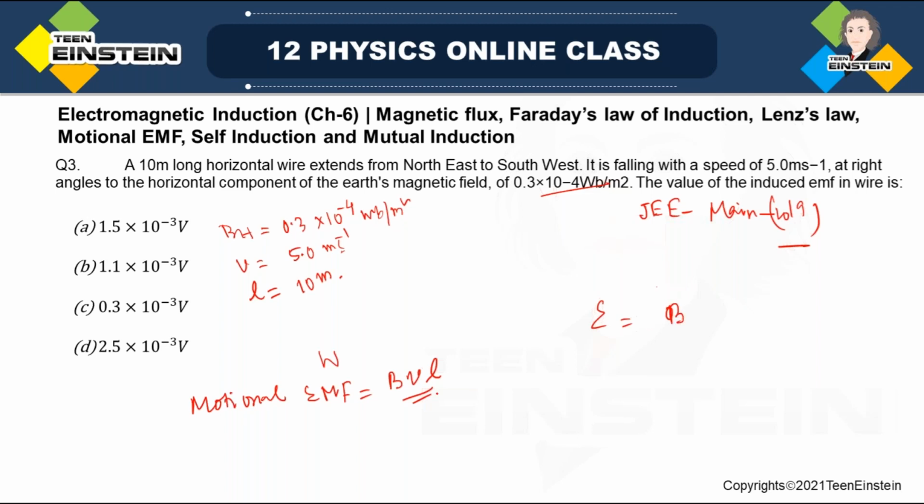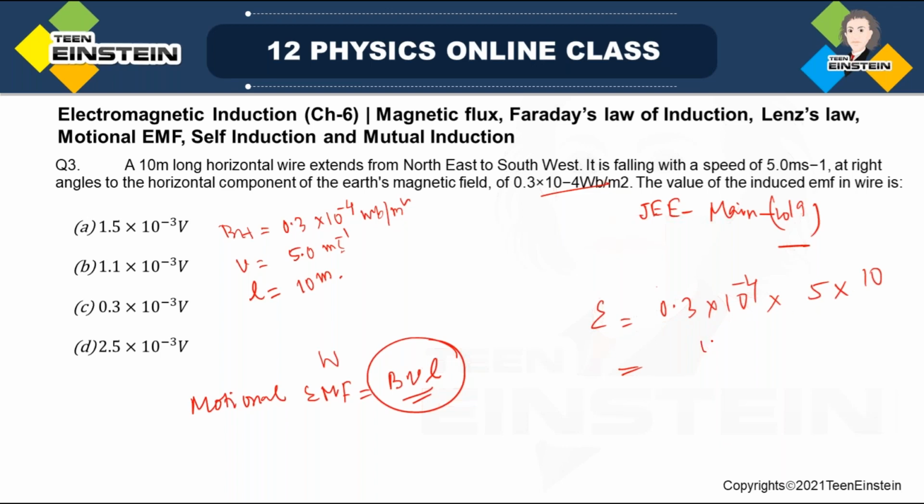You have to put in what is B, what is V and L. B is 0.3 into 10 to the power minus 4, V is 5 meter per second and L is 10 meter. So BVL.